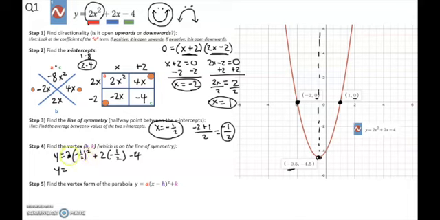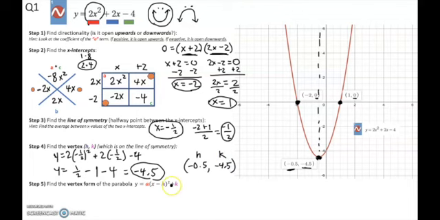Now positive 1/4 times 2 will be 2 over 4, which is also 1 over 2. Positive 2 times negative 1/2 will be negative 2 over 2, which is negative 1, and minus 4. 1/2 minus 1 minus 4 will equal negative 4.5, which is why we have our vertex at the point negative 0.5, comma, negative 4.5. So we have negative 0.5, which is our h, and then negative 4.5, which is our k.